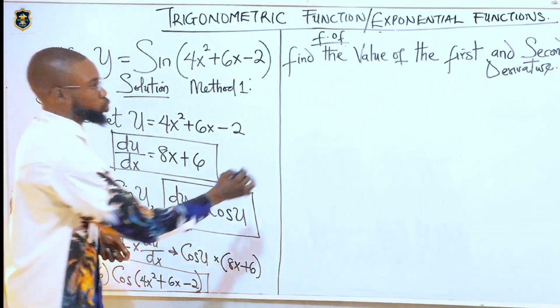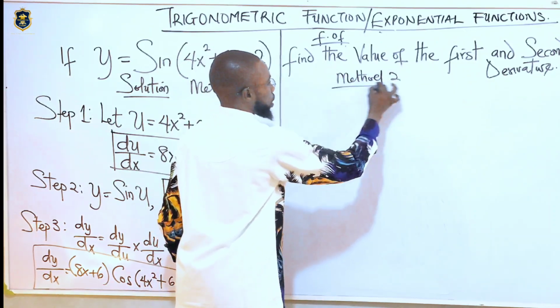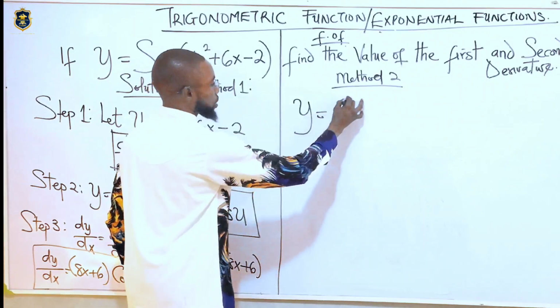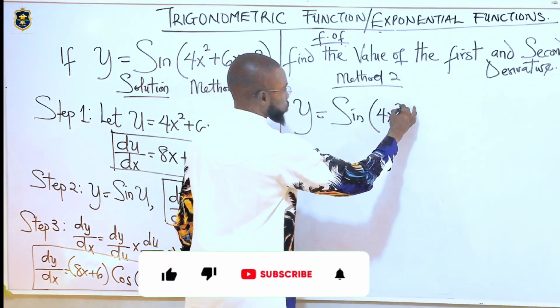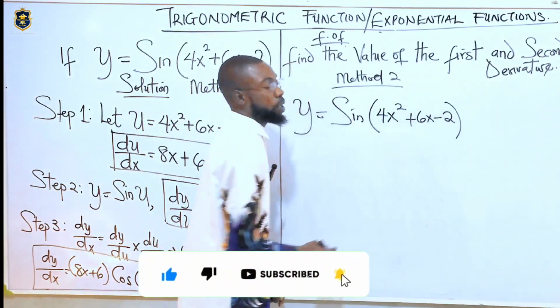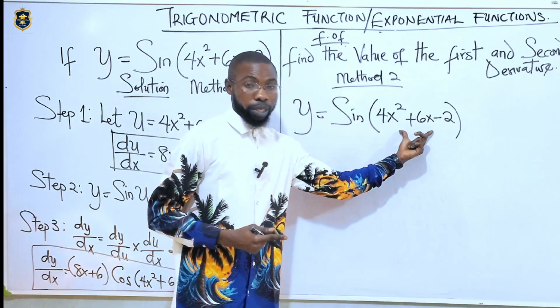Very simple. Method 2 is simple. If we have y as sine of 4x squared plus 6x minus 2, first things first, take the derivative of the inner function.